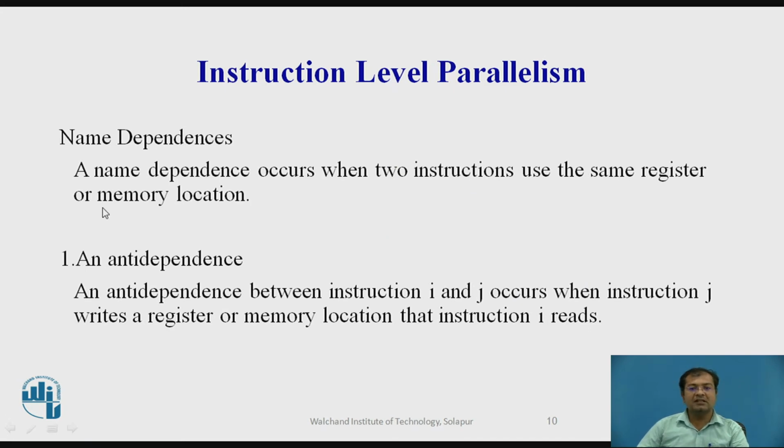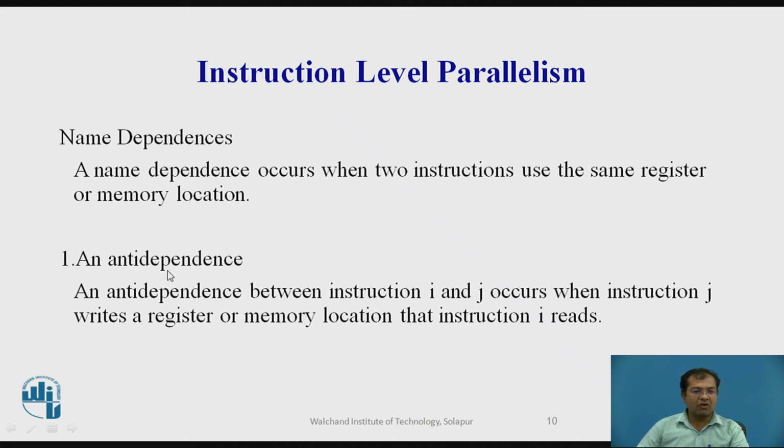So we'll see the second type of dependence, which is name dependence. What do you mean by name dependence? Name dependence occurs when two instructions use the same register or memory. There are two types of name dependencies. One is an anti-dependence.